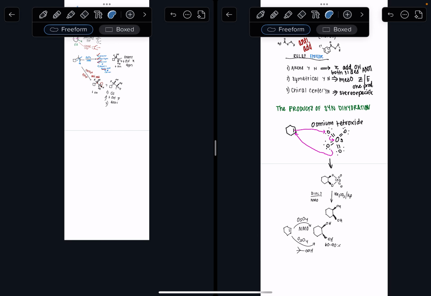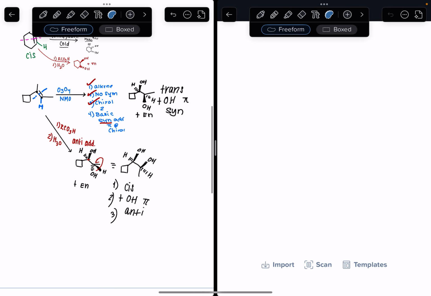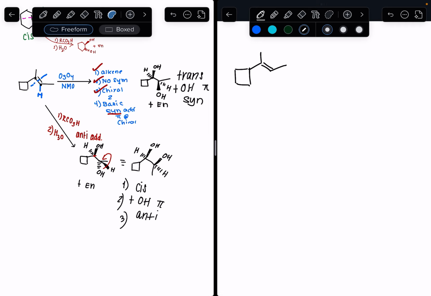Okay, back out of this. Here's a new one. Okay, here's my rule book. So this is a rule book for when you're adding anything across. What do we know about this one? It has 2 chiral centers.